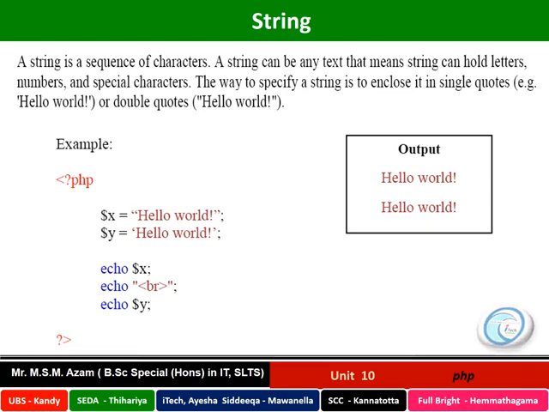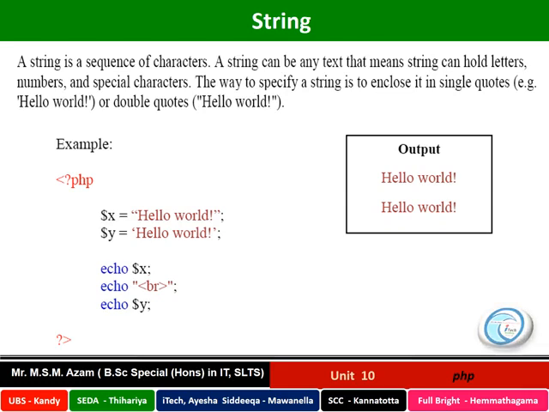For example, if you are going to include the sentence hello world in PHP, then you have to enclose it in either single quotation marks or double quotation marks. Then PHP will understand that it's string data. For example, we have declared two variables called x and y.